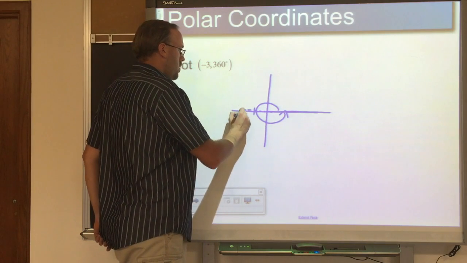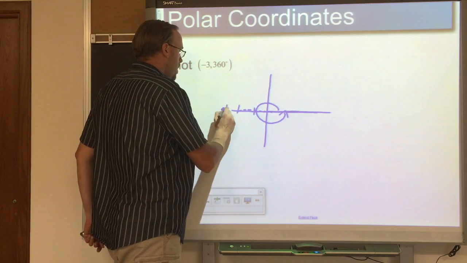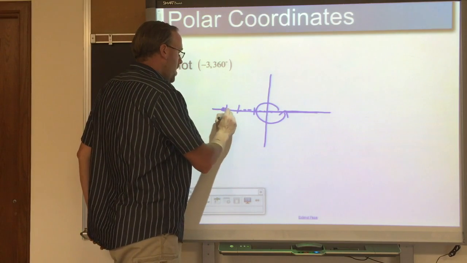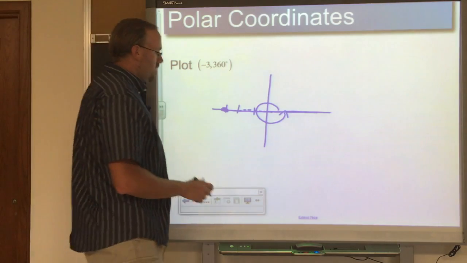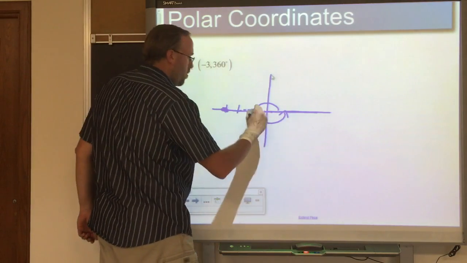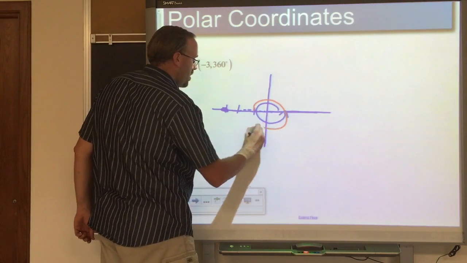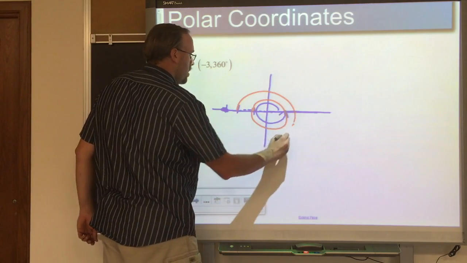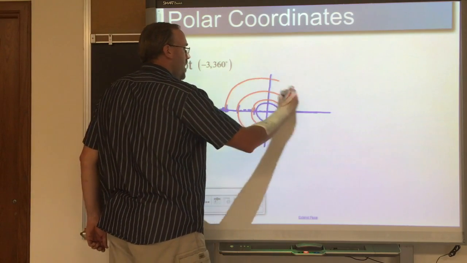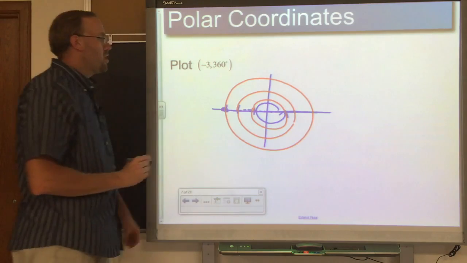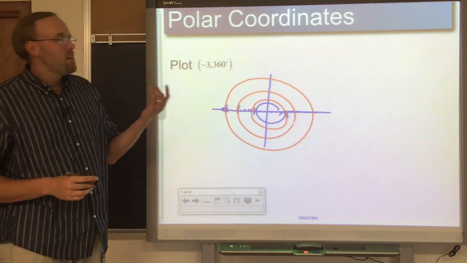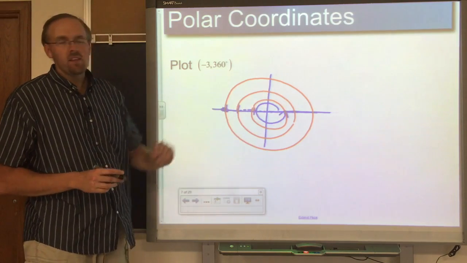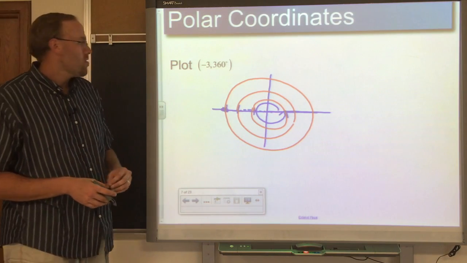So 1, 2, 3. And so the point is actually going to be sitting on the negative x-axis. Now, if you find it helpful, you can draw in the circles for this. I chose to not do it at first because it turns out that this didn't end up out in space, but rather it ended up on one of our axes.